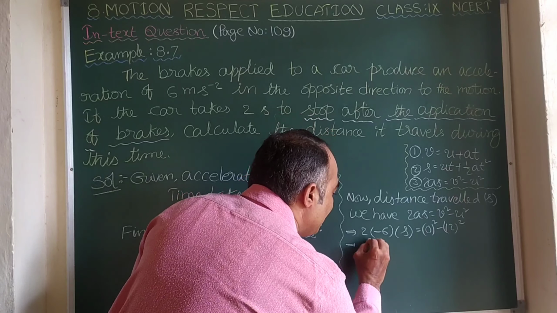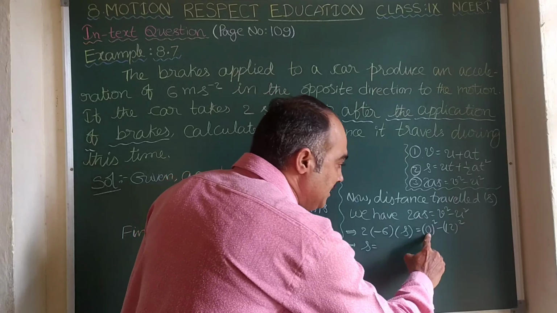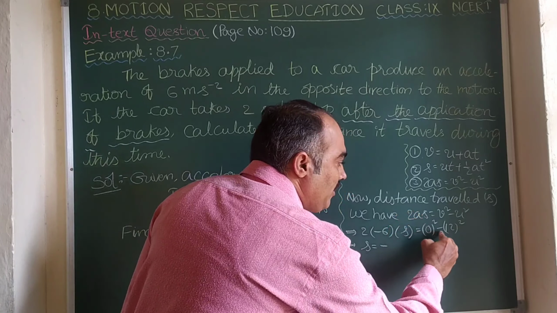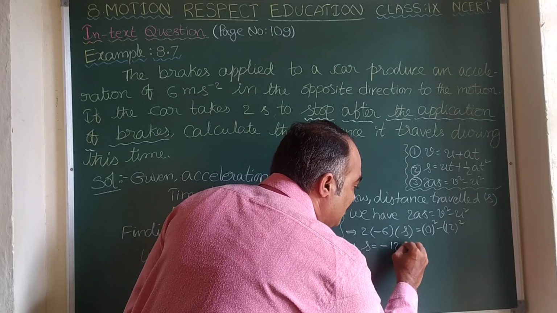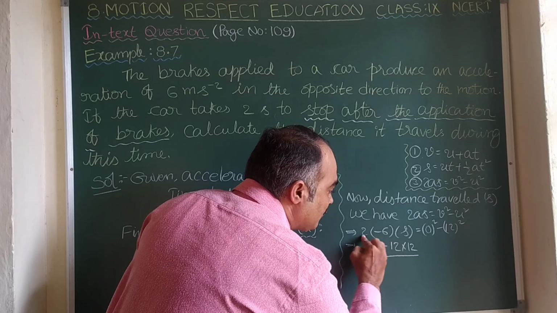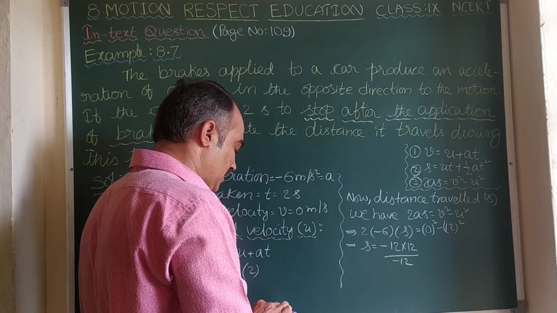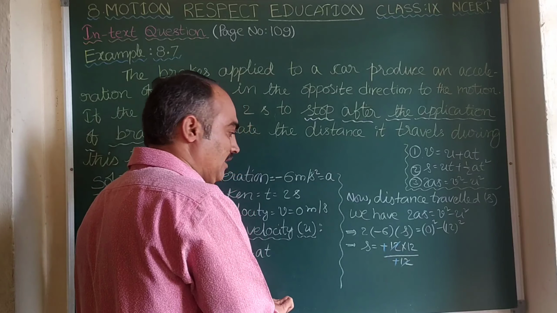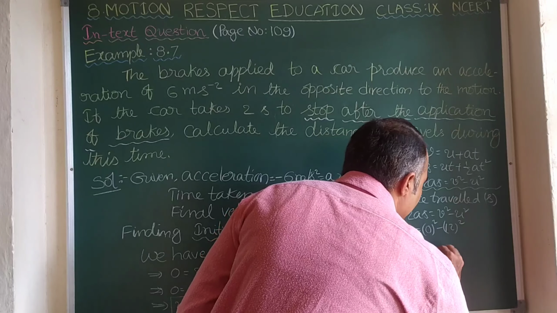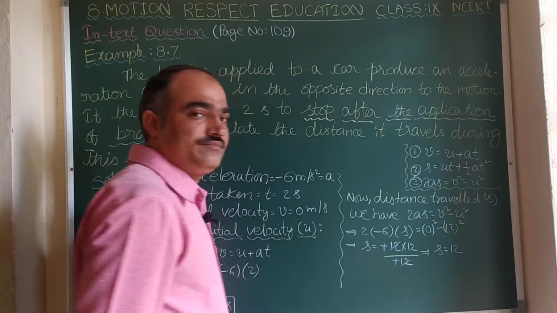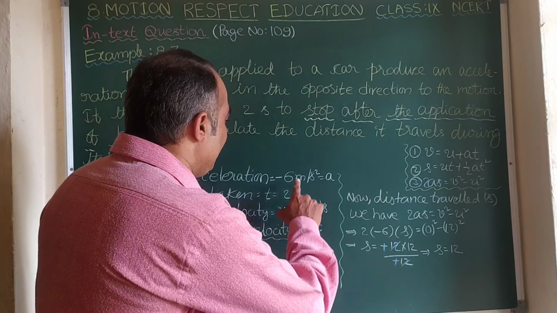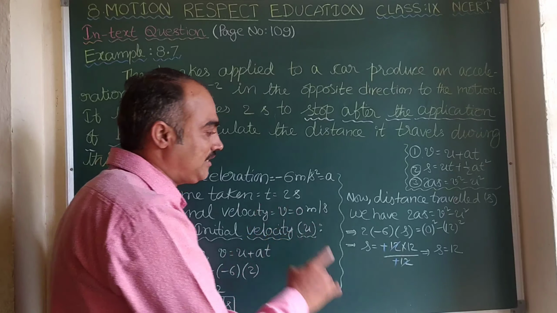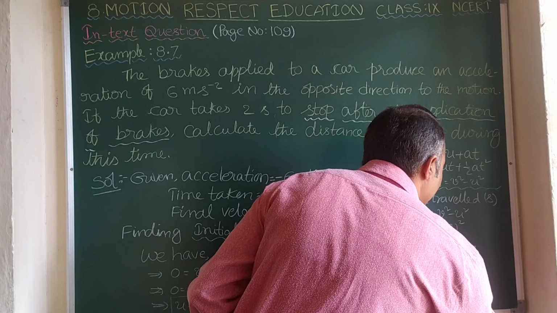Let us send it down. s is equal to 0 minus 12 square, which is 144, so minus 12 into 12 divided by this minus 12. Clear? So here let us do cancellation. Negative and negative cancel, 12 cancels. So finally we get s as 12. What about the units? Kilometer or meters? It is in meter per second square, it is in second, meter per second, everywhere meter. So this is also in meters.